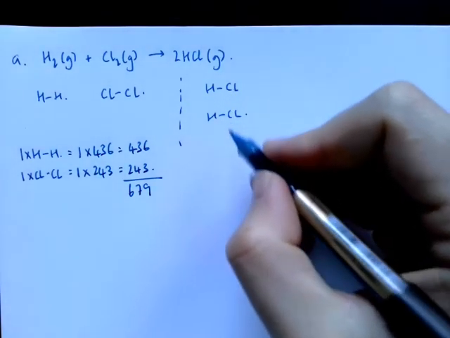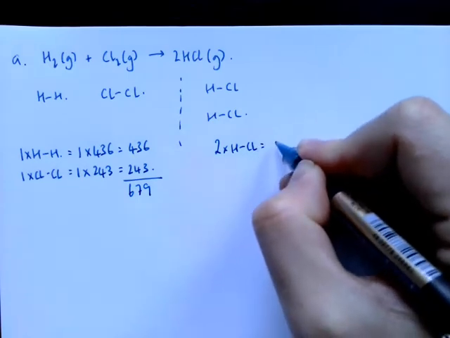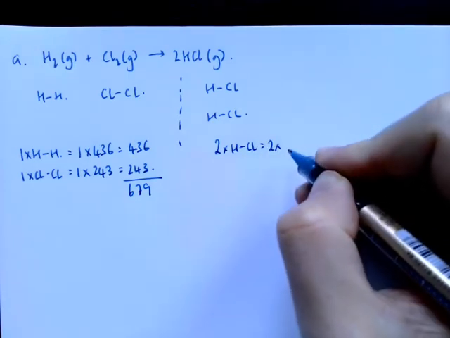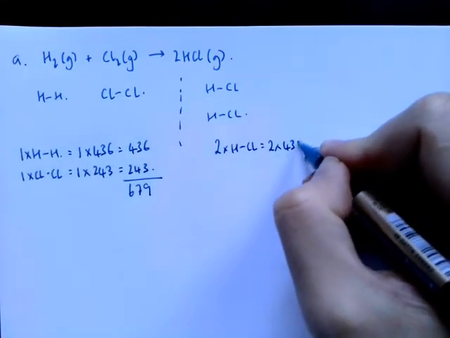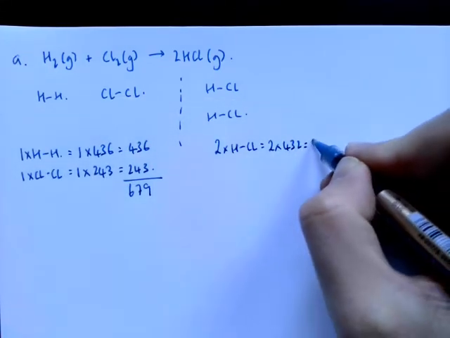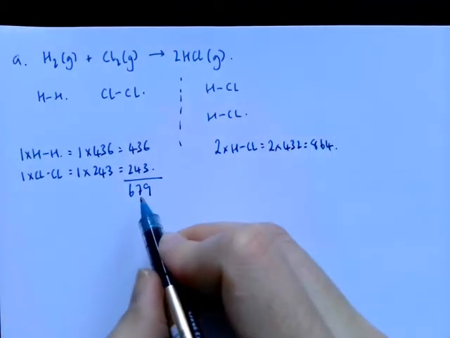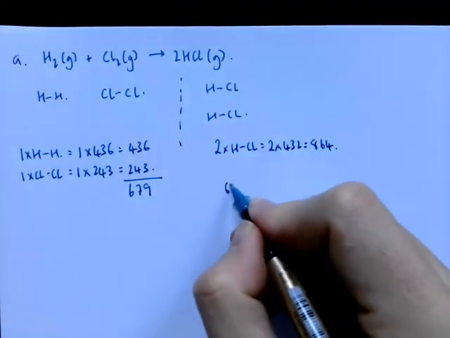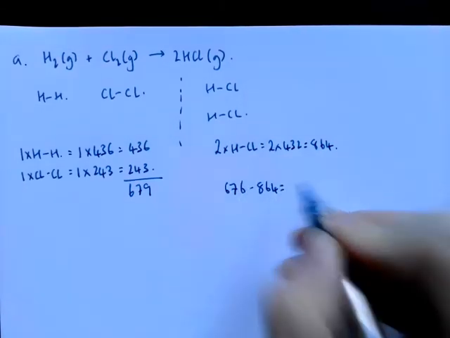And then on the product side, I've got 2 times HCl, which is 2 times 432, which is 864. So then I do this number minus this number. So I do 679 minus 864.